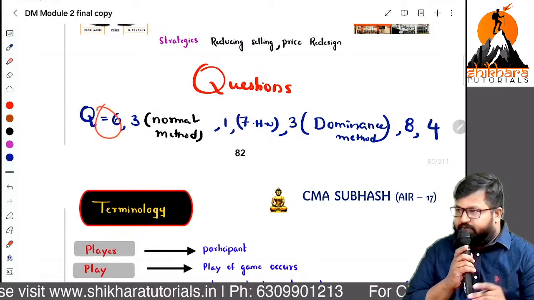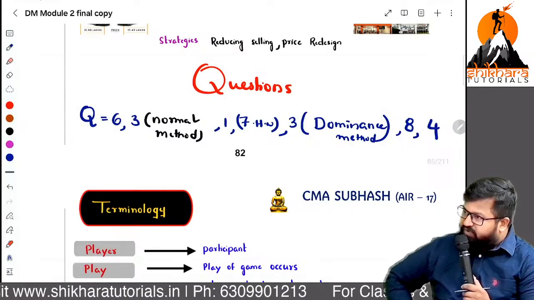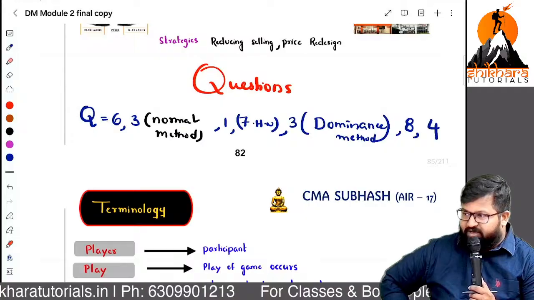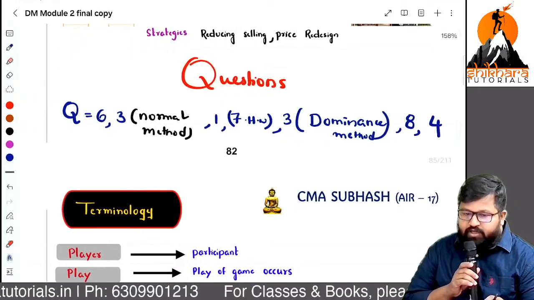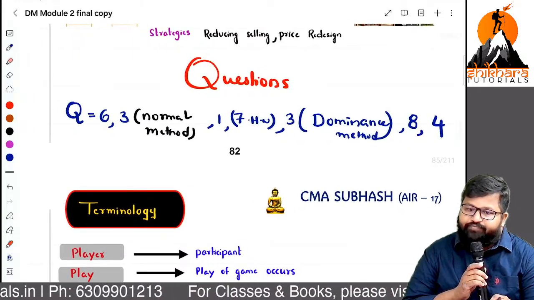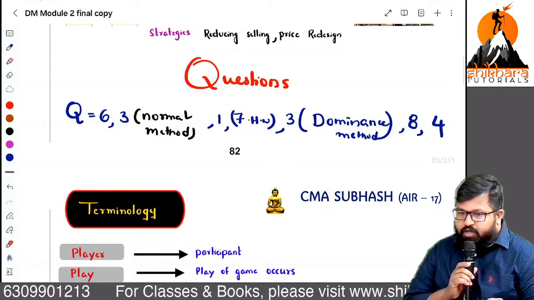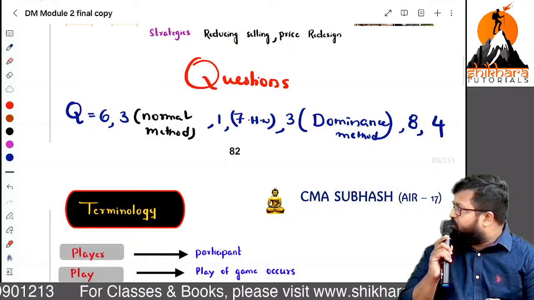Question number 6. Next, the question number will be 3 in the normal process, right? As they are mentioned, question number 3 in a normal process or normal method. And next, we are going with question number 1.